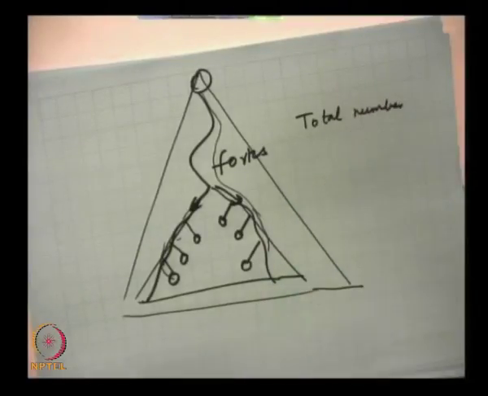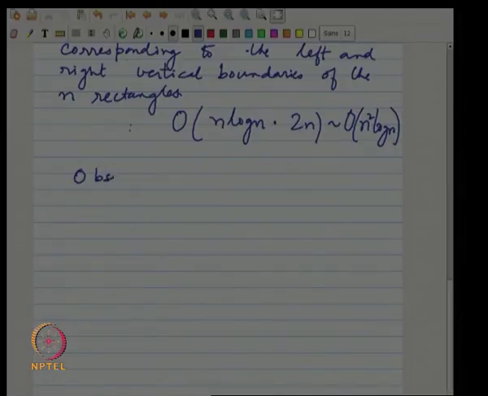Okay. So, one observation is that this structure, I should say, these are called interval trees. Observation over interval tree. Whatever I drew corresponding to the interval is called an interval tree. Okay.